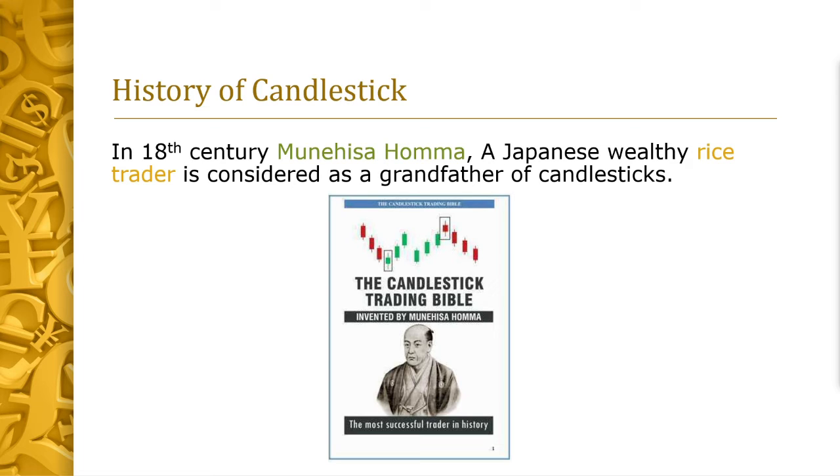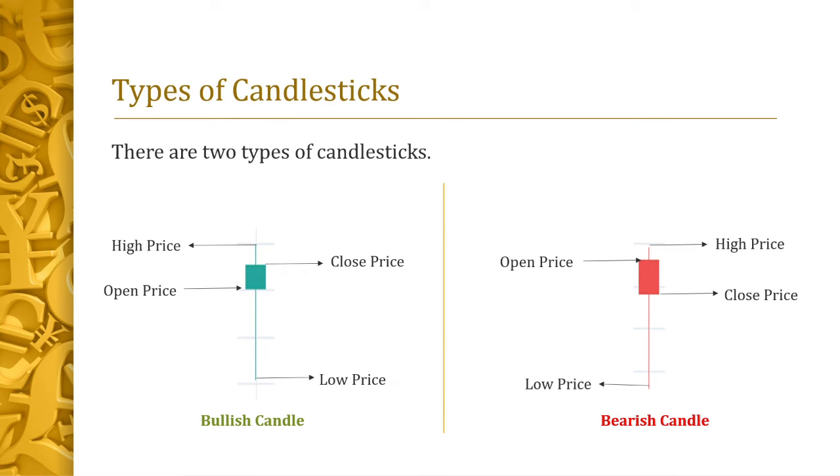I am going to discuss this more. So friends, there are 2 types of candlesticks: one is the bullish candle and one is the bearish candle. He selected those days from his ledgers on which the close price was higher than the open price, and he selected those rows on which the open price was higher but the close price was lower.